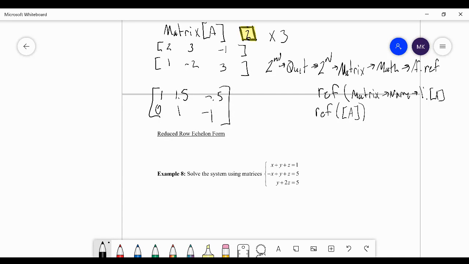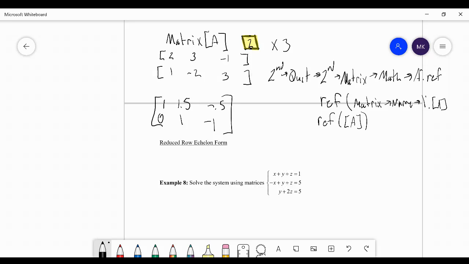Better than that is reduced row echelon form, or RREF, which is just row echelon form, but with zeros above the ones as well.